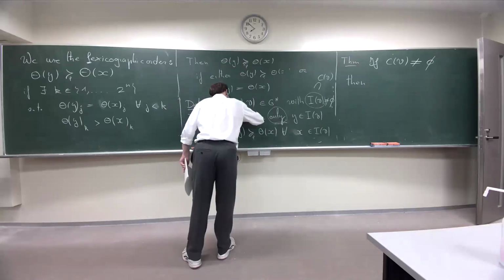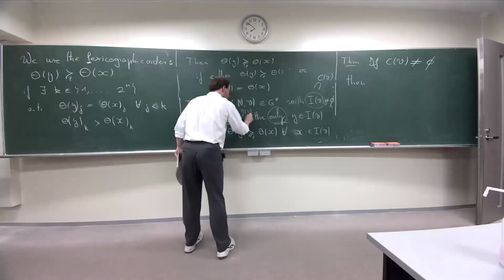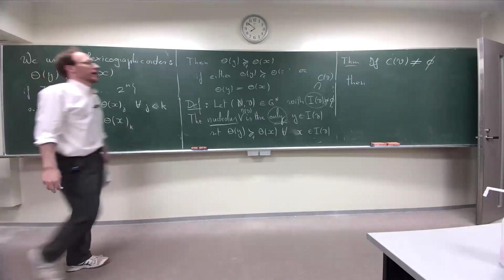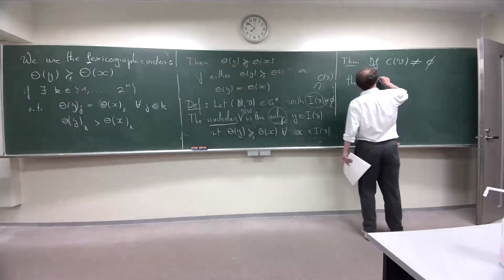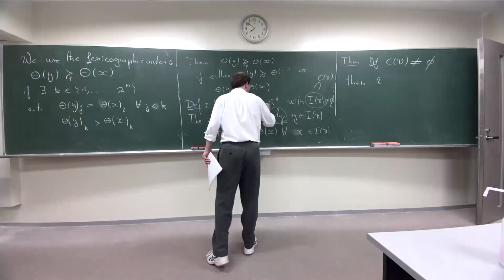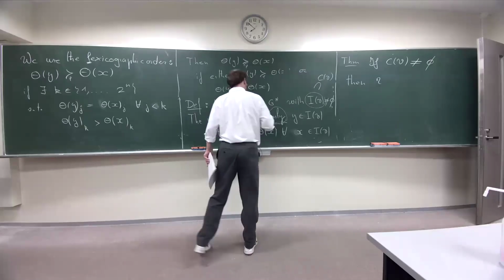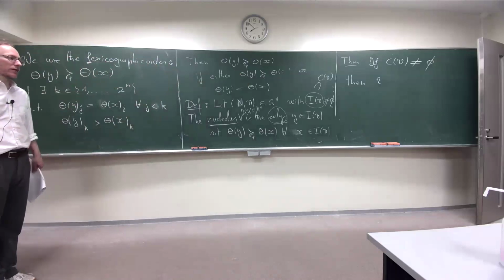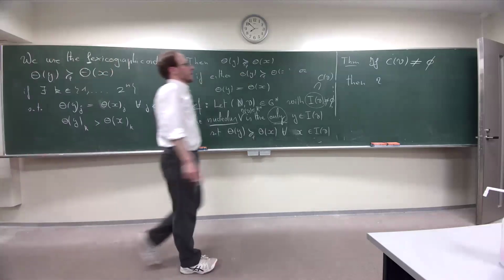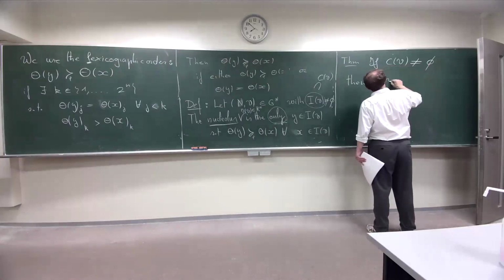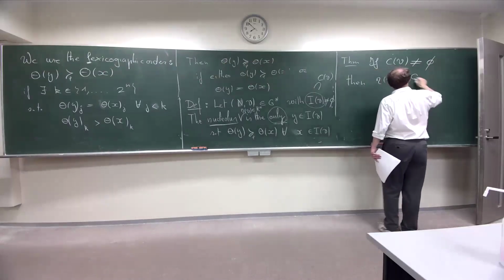The nucleolus, I call it eta of V. So this eta of V is just an element of R^n, inside the imputation set, sorry. But the statement is, if the core is not empty, then this special value is inside C of V.